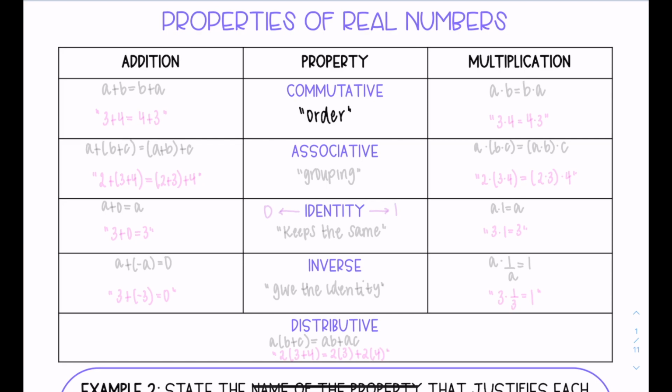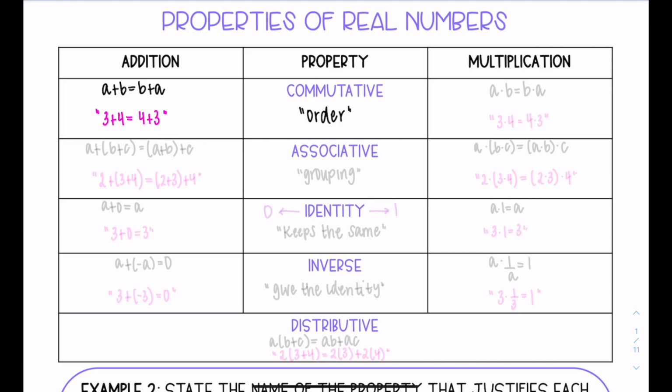So when talking about addition, this just says that A plus B equals B plus A. It doesn't matter the order in which I add, I will get the same number either way. So that's like saying 3 plus 4 equals 4 plus 3. We end up getting 7 regardless.